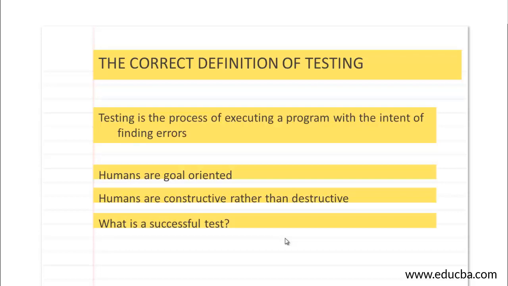A natural corollary of this definition would be the question of when is a test considered successful. According to this definition, it follows that a test would be considered successful if it is able to discover an error which has not yet been discovered.